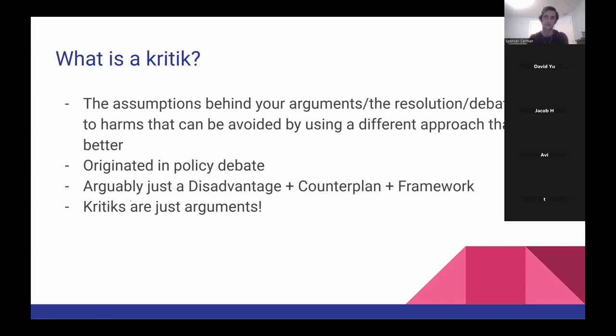There's some more specialized terminology and nuance in the responses, but at the end of the day, they are just making arguments that say that what you said was bad and what they want to do is better, which is the foundation for basically every argument in debate. So you can just answer them pretty logically.